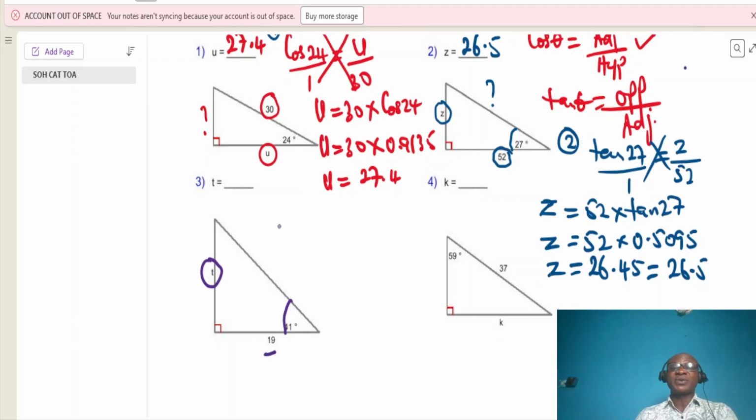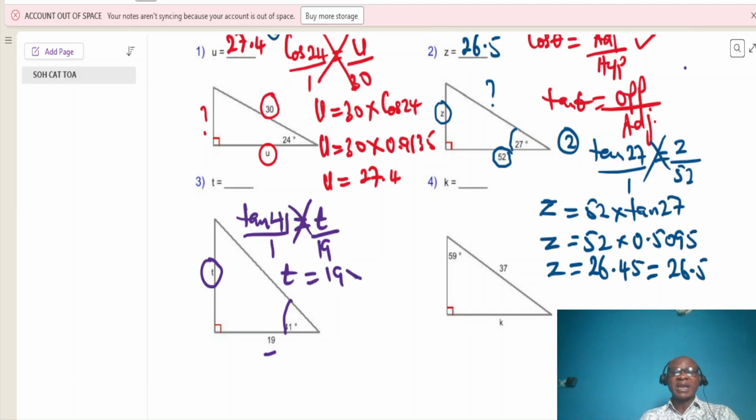So I will still use the same formula I used in number 2, which means for number 3, I will have it that tan 41 is equal to opposite, which is letter t, over the adjacent, which is 19. A cross multiplication will be taken here, meaning that t multiplied by 1 is t. Then I have 19 multiplied by tan 41.